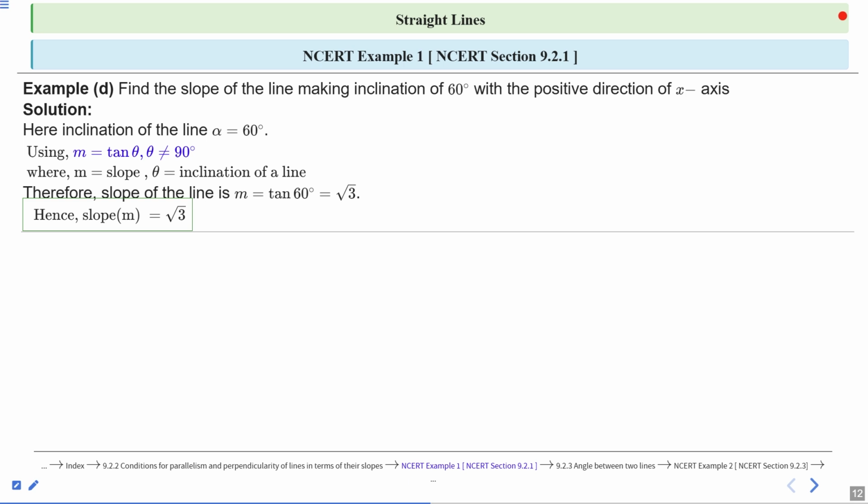So the slope of the line making an inclination of 60 degrees with the positive direction of the x-axis is root 3, and this is the final answer. I hope it is clear to all of you. This is a very simple example; we directly used the formula m equal to tan theta. Clear?